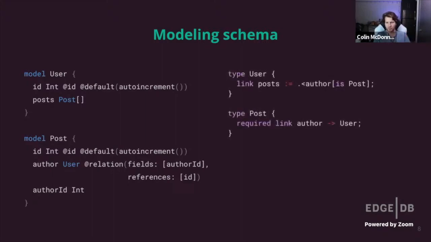This is what the equivalent schema looks like in EdgeDB, in our schema language. And there's a few things to note here. Yes, EdgeDB's schema is dramatically more concise. There's a couple of main reasons for that. We don't need to include that ID property.